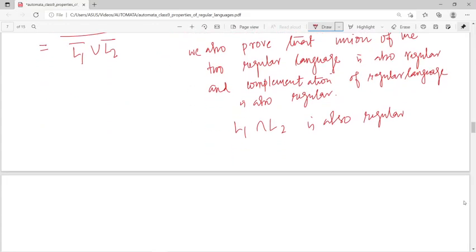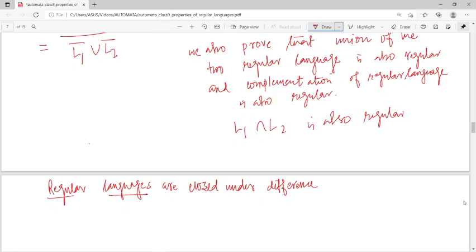Now regular languages are closed under difference.